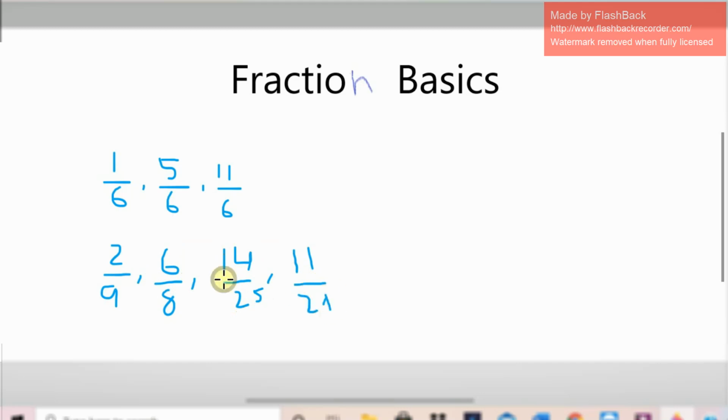You can see the difference here. We have different denominators. That's why we call them dissimilar or unlike denominators. And we can see here we have the same denominators. So this is a fraction with the same denominator. We have the same bottom numbers.